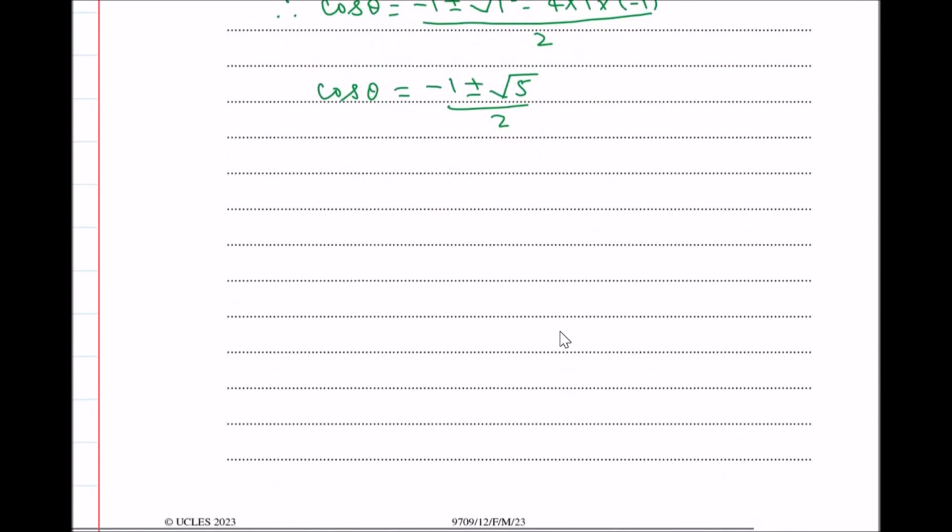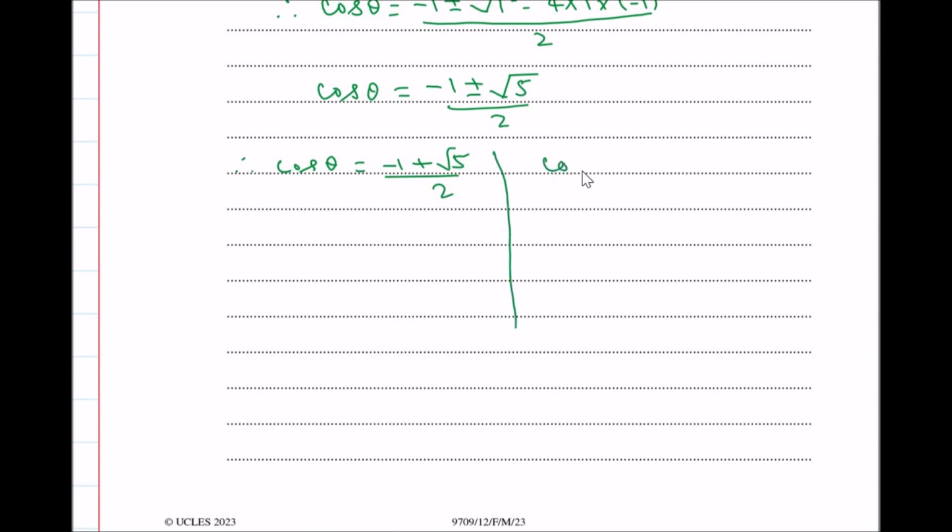I hope this is clear up to here. Okay, now we can write them separately. There are two values, one with positive sign, the other with minus sign between the terms. So cos theta equal to minus 1 plus root 5 by 2, and the other value with minus sign, so minus 1 minus root 5 divided by 2.